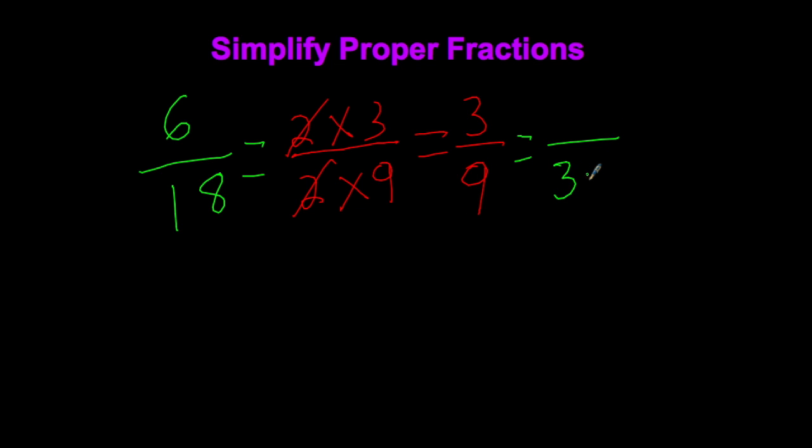So 3 is common here. 3 times 3 is 9. What number you multiply by 3 to get 3 is 1. Once you cancel the two numbers that appear at the numerator and the denominator, you're left with 1/3. So that's your final answer.